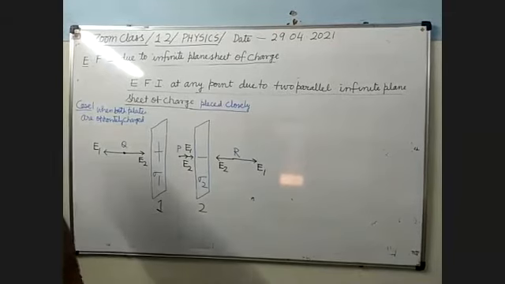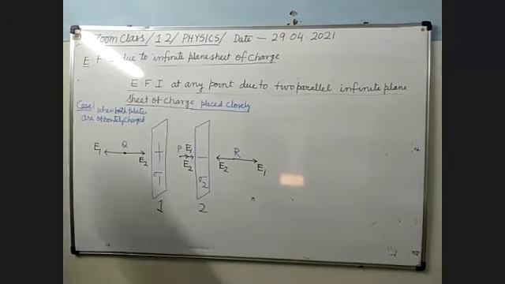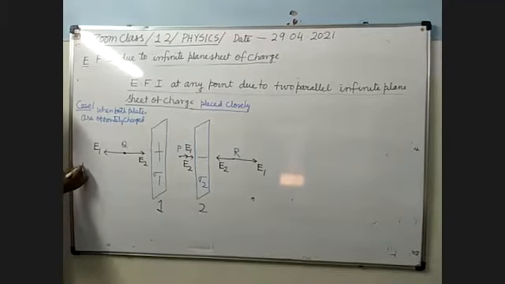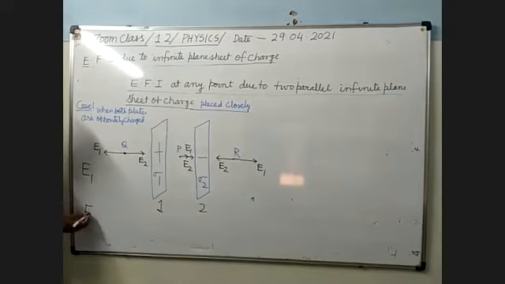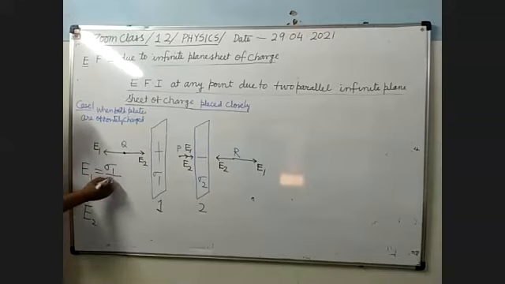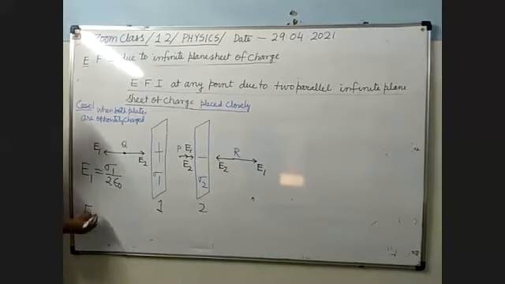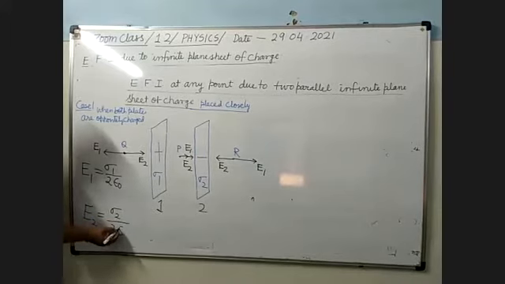So what will be the values of E1 and E2? Who can tell? It will be sigma 1 upon 2 epsilon naught and sigma 2 upon 2 epsilon naught.